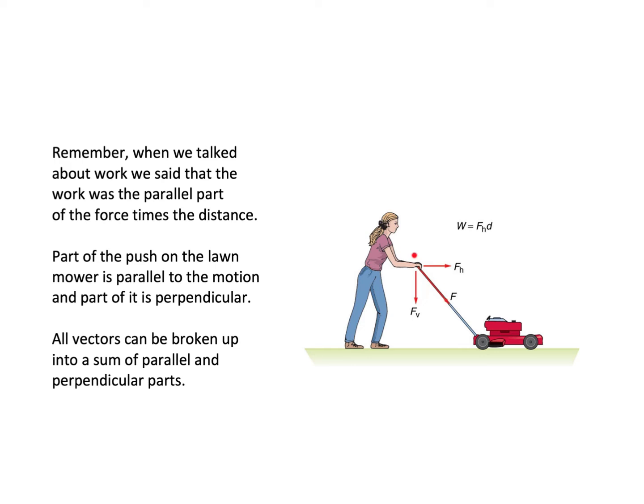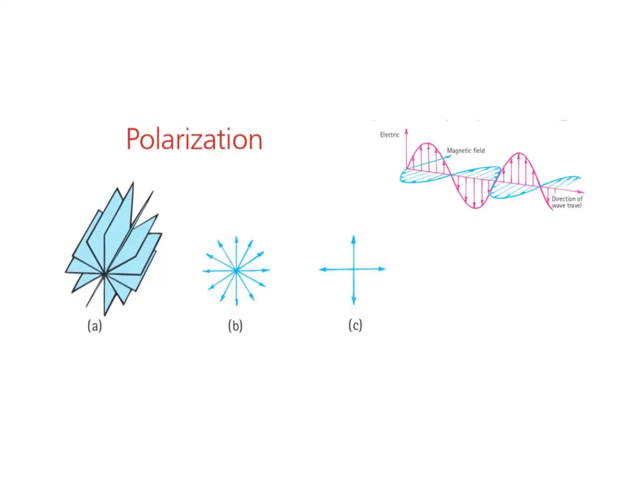The idea that a vector can be represented as a sum of two other vectors that are perpendicular to each other is generally true, and it applies to many things beyond work. One of the places where it has an application is in the electric field of an electromagnetic wave.